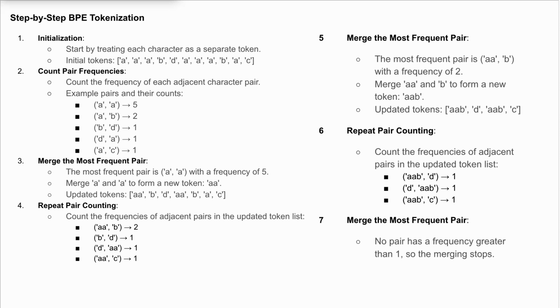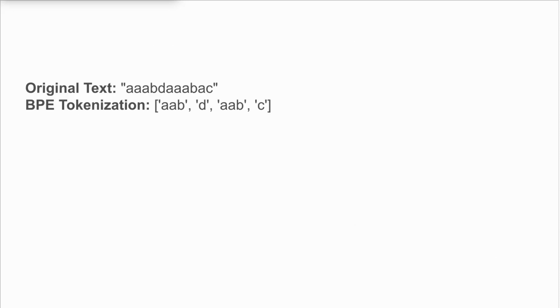I have mentioned several steps on how byte pair encoding is carried out, and I'm going to explain this with an example. You can look at this text. The original text is AAA, BD, followed by three A's, and BA and C. This original text is tokenized into four different characters here.